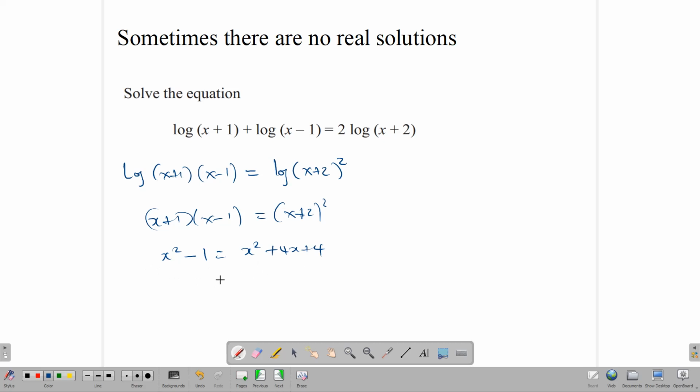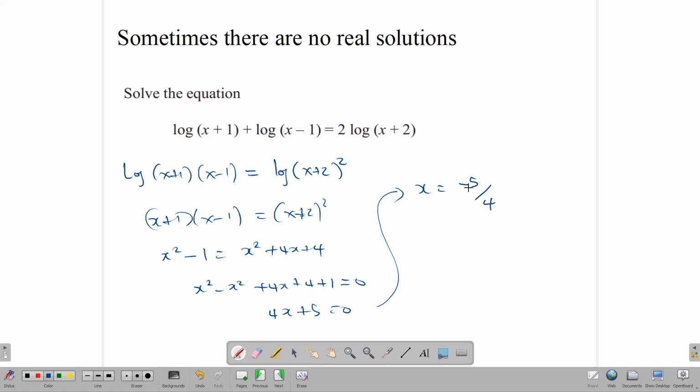Rearranging this equation, we have x squared minus x squared, plus 4x plus 4 plus 1 equals 0. That tells us that 4x plus 5 is equal to 0. Solving this, the value of x is going to be x is equal to -5/4.